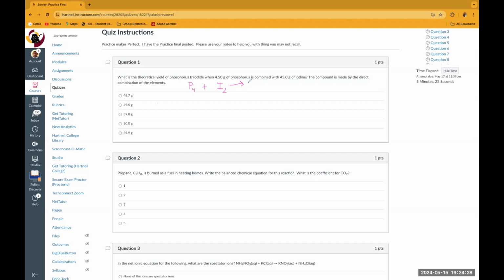And we're going to be making phosphorus triiodide. So then what are we going to do now? Balance it. That's right, we're going to balance it.